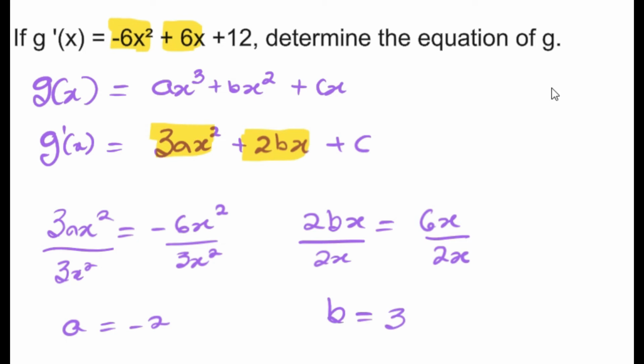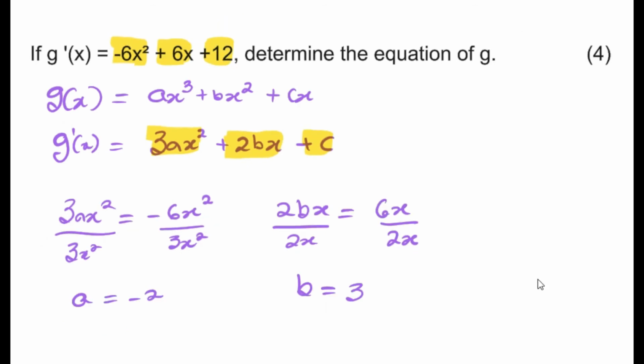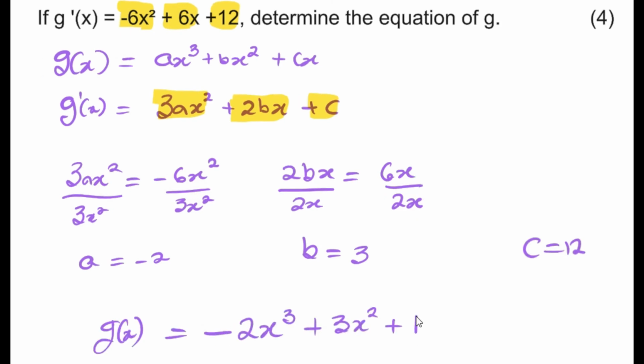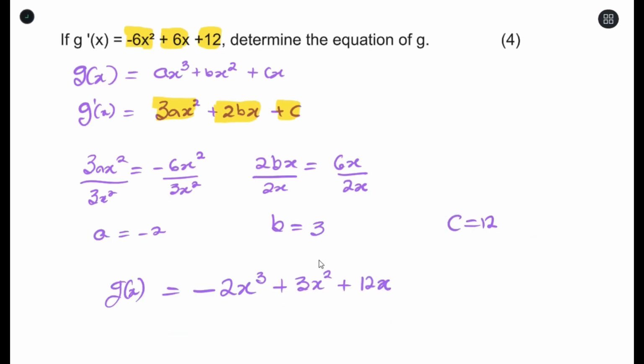And finally, to get c, I'm just going to say that this should be equal to that. So therefore, the original equation for g would be, and the equation for g(x) would be equal to negative 2x cubed plus 3x squared plus 12x. That's it.